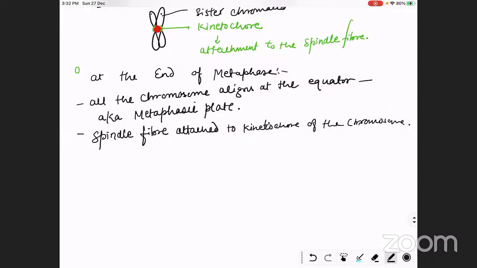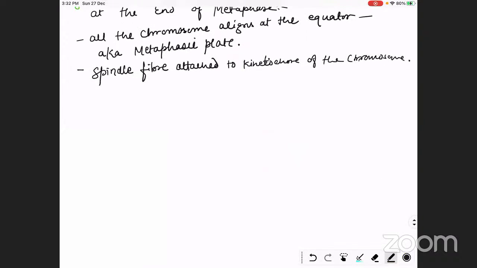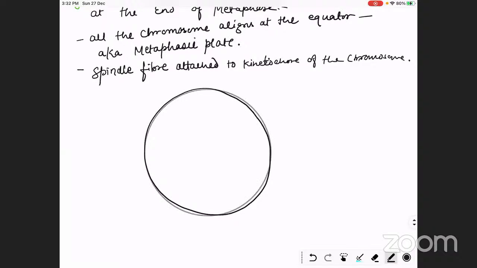So at this stage you will get a cell like this. Here you will have the centriole, and you will have some chromosomes here.